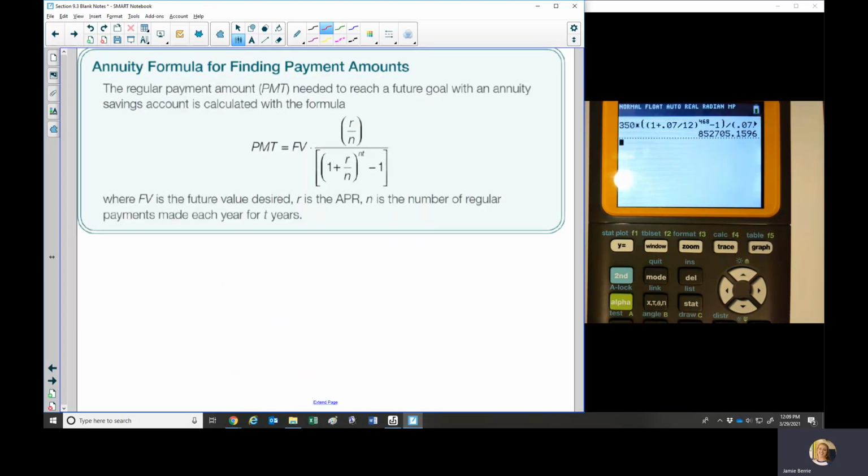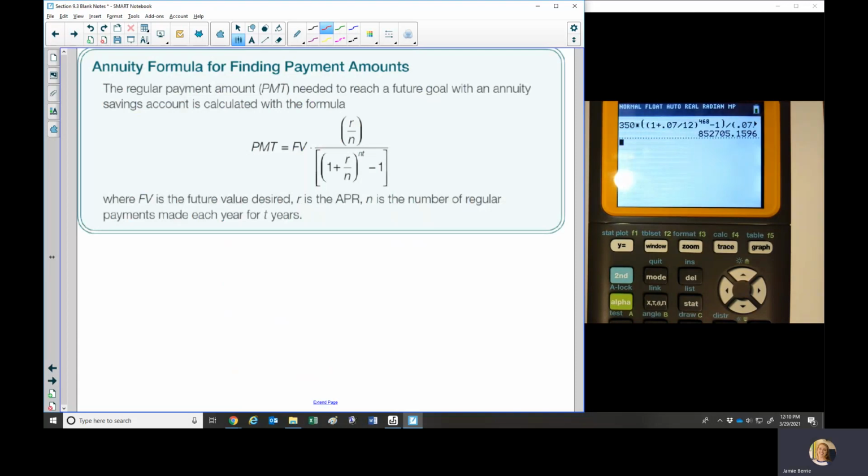Suppose that maybe you're living in a smaller house and your goal is to live in a bigger house, and you want to save like $30,000 for a down payment on this bigger house. Then if you are trying to reach a future goal with an annuity savings account or annuity savings program, this is the formula you'll use.